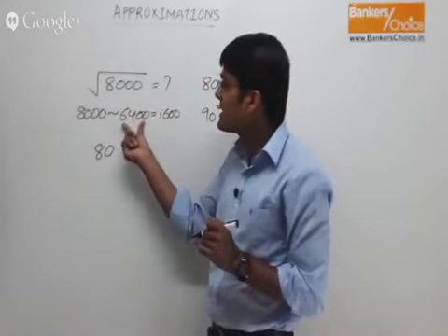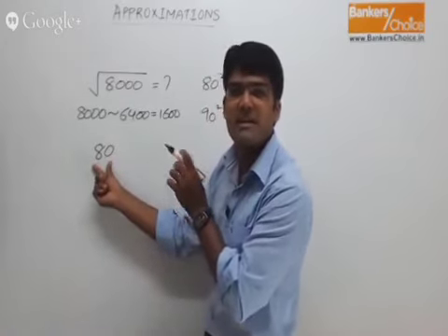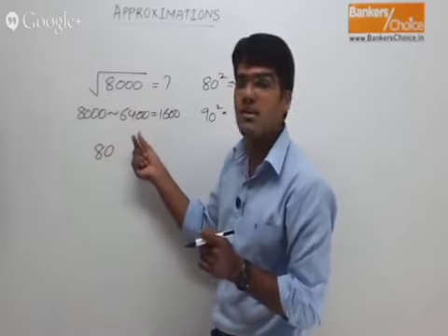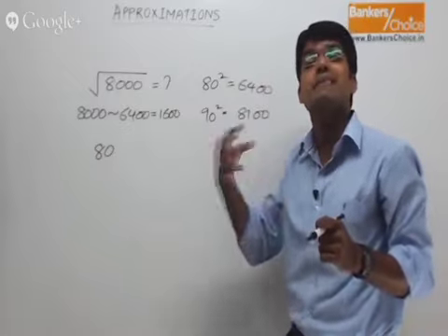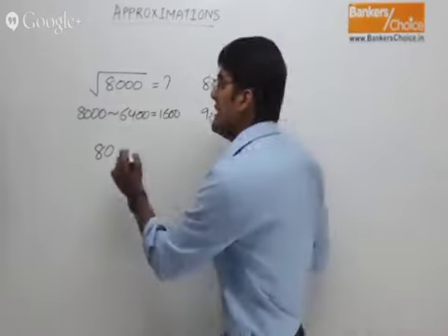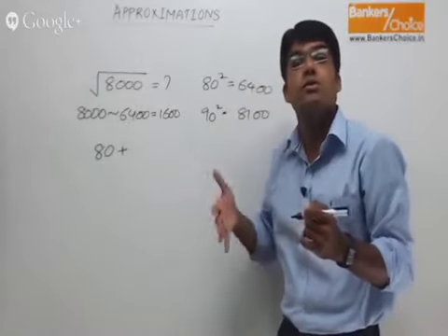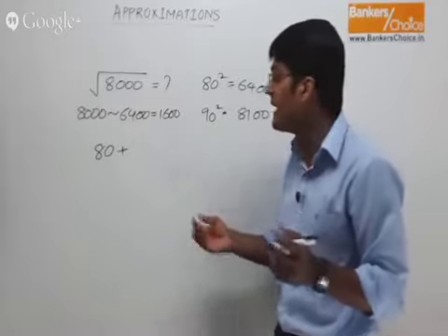Why are we taking the difference with 6400? Because we have taken 80 as the initial value. We are starting at 80, so it should be 80 plus something. The answer has to be between 80 and 90, which means it is 80 plus some extra value. So 80 plus how much is the question now? Is it 2, 3, 4, 5? Is it 9, 8? How do you decide that?